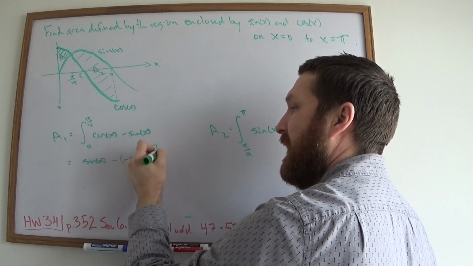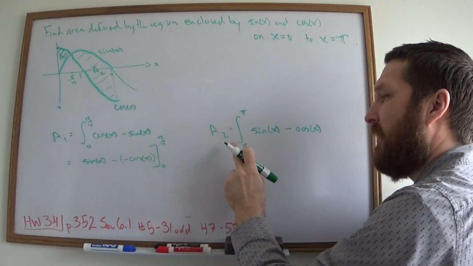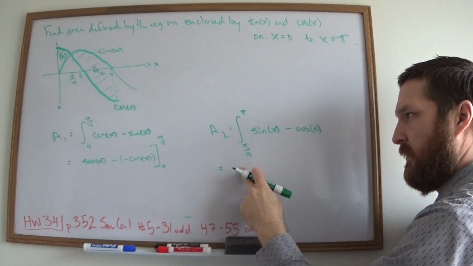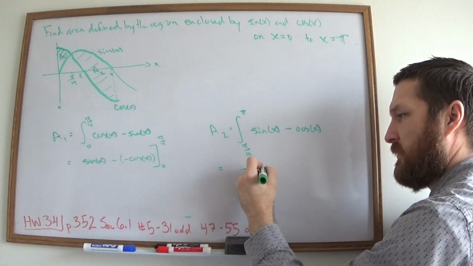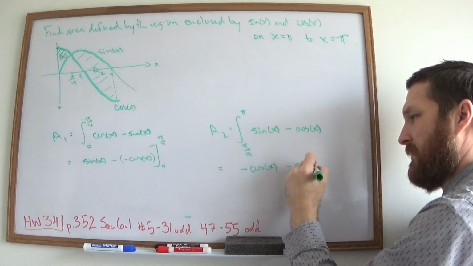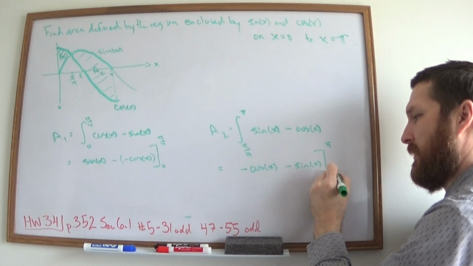Then we evaluate that up at pi over 4 and down at 0. And area 2 is negative cosine of x minus sine x, evaluated up at pi and down at pi over 4.